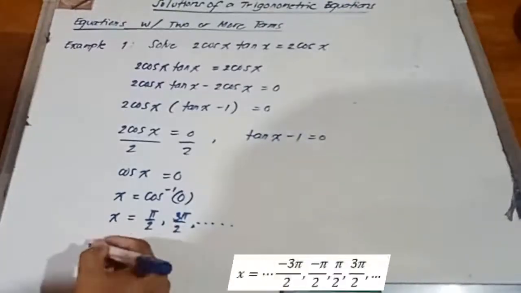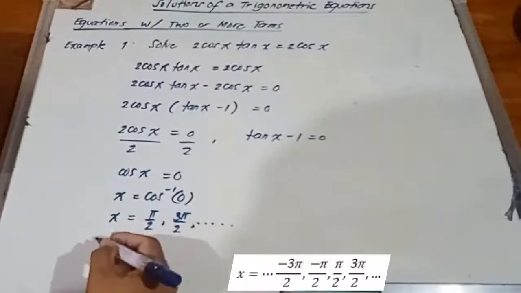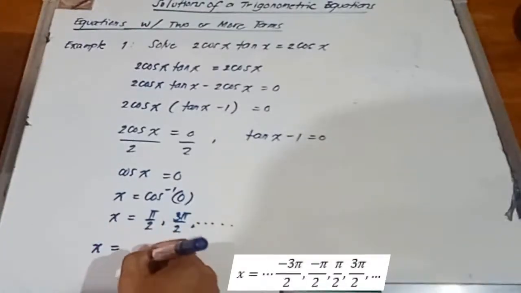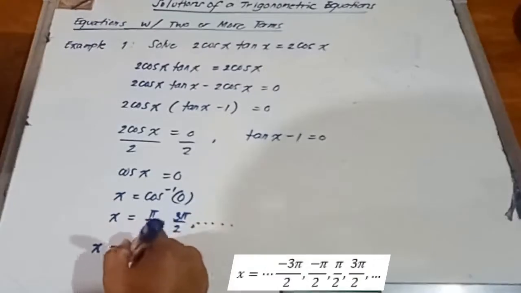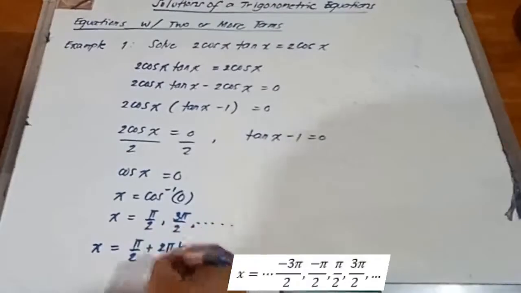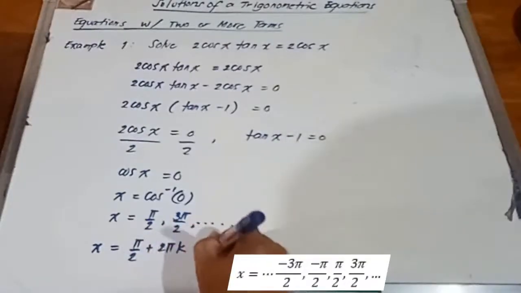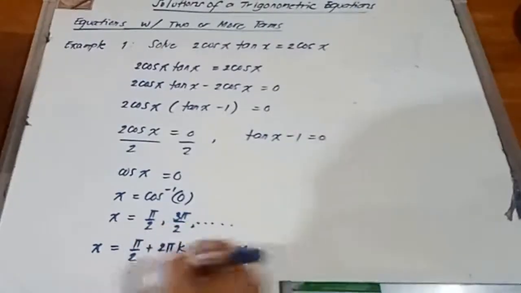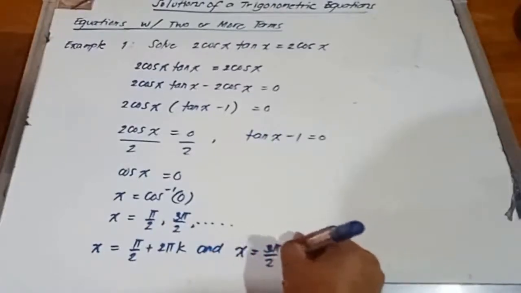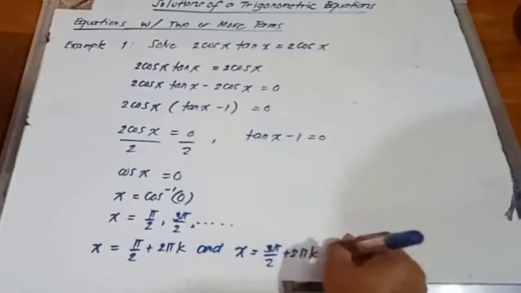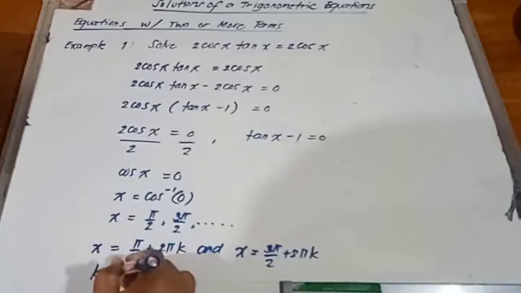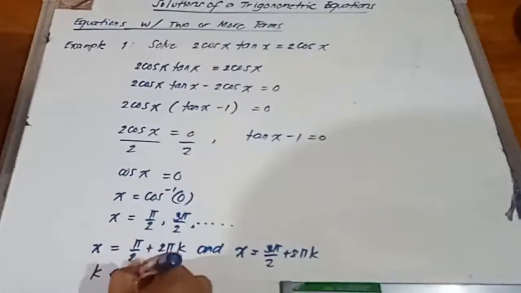Okay? Yun muna. For the complete solution, alam natin, ang period ng cosine ay 2 pi. Complete solution will be x is equal to pi over 2 plus 2 pi k. Okay? And this one, x is equal to 3 pi over 2 plus 2 pi k. And k is an element of real numbers.